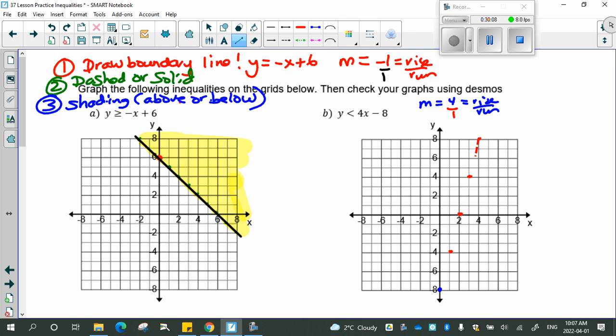Okay, so I've drawn my boundary line and I decided it was dashed. Now shading, above or below that line? Below because it's less than. So I get my highlighter out now and I shade below. Okay, so 3 steps. Draw the boundary line, decide if it's dashed or solid, shade above or below.